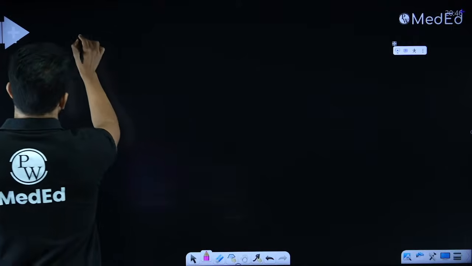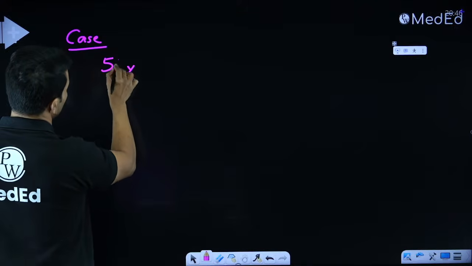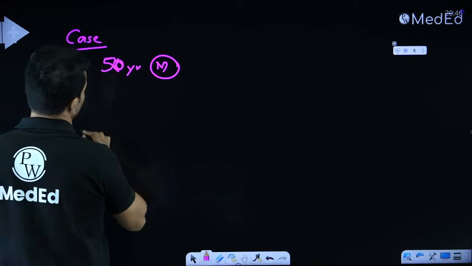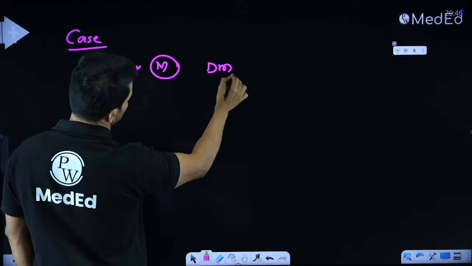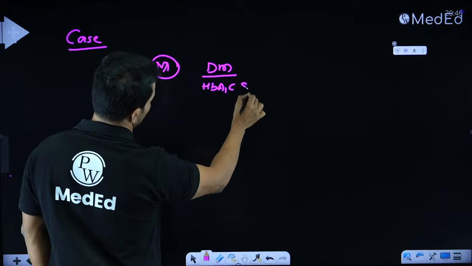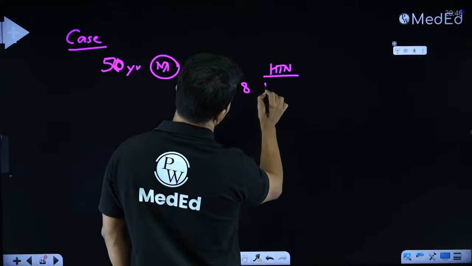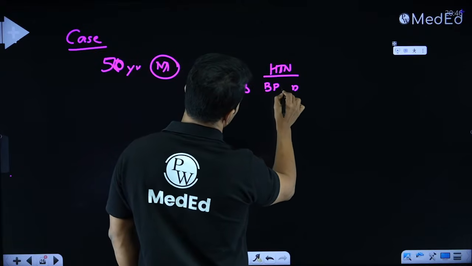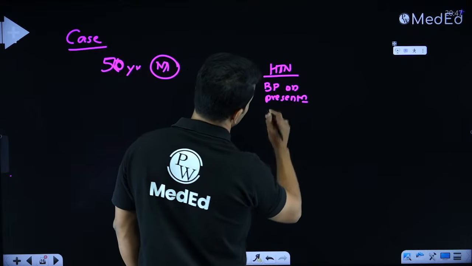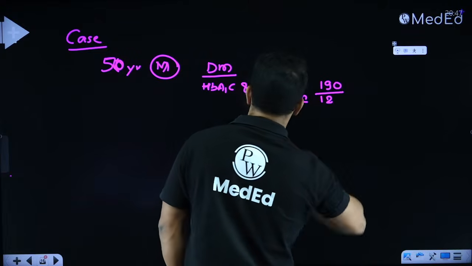So I have a 50-year-old male. He is diabetic. His HbA1c was 8. He is also hypertensive and BP at presentation is 190 by 120.